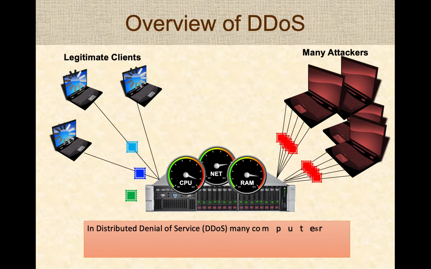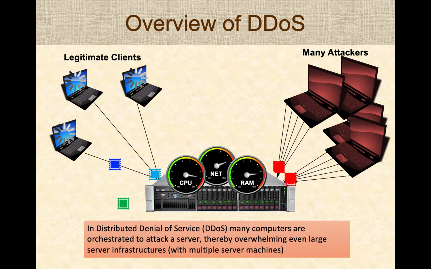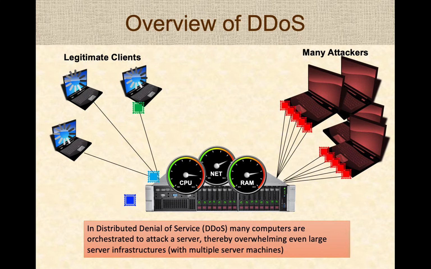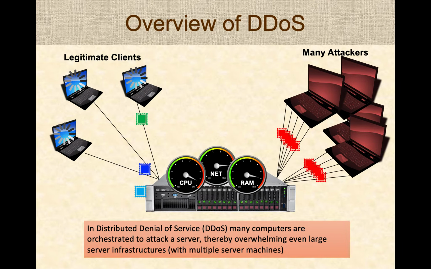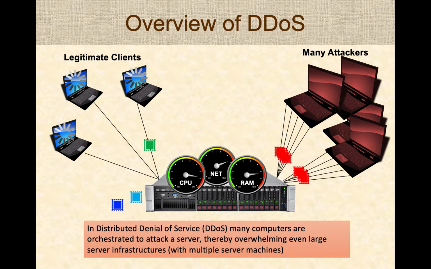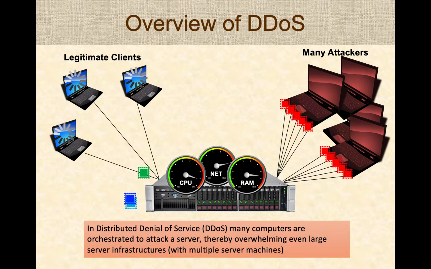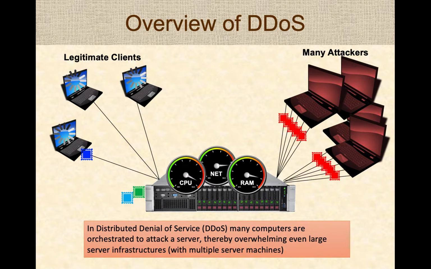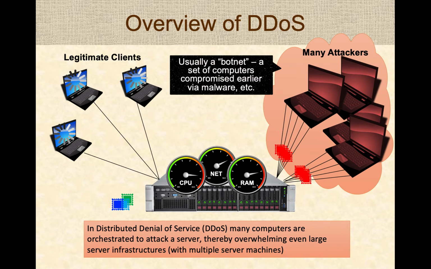So in a distributed denial of service, notice that there are many attackers sending many packets. Here, it's difficult for the server to see which packet is coming from a legitimate user and which packet is coming from an attacker. So the server has to process all of these packets to figure out what's going on, and this overloads or overwhelms the server, thereby denying service to legitimate clients.